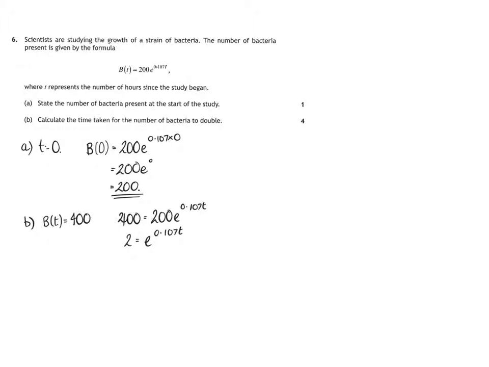So now the base of our exponential can become the base of our logarithm, so we're going to get log to the base e of 2 equals 0.107t. So then we can divide by 0.107, giving us t equals log to the base e of 2 divided by 0.107, which gives us that time is equal to 6.48 hours, and that's to 2 decimal places.